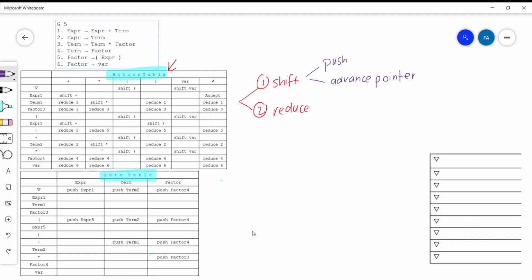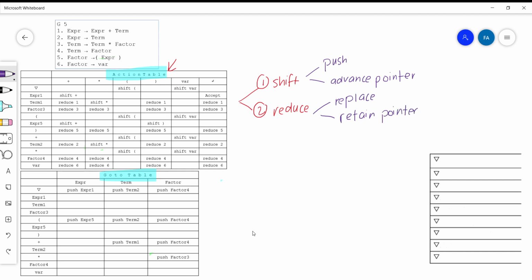However, if the action table tells us that we need to do a reduce operation, we need to look at the rule specified in the table. We pop all symbols on the right side of the rule, and then we refer to the goto table to get the symbols to be pushed onto the stack. So this is basically a replace operation. And then we retain the current pointer.